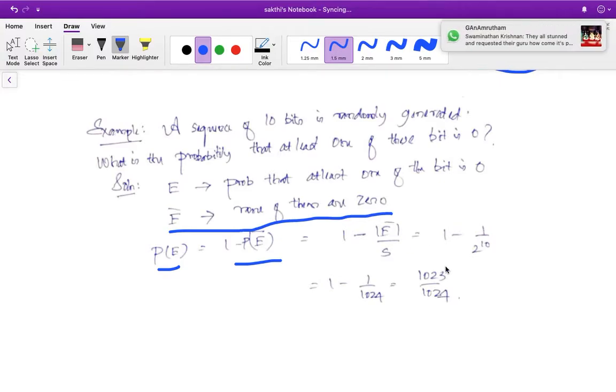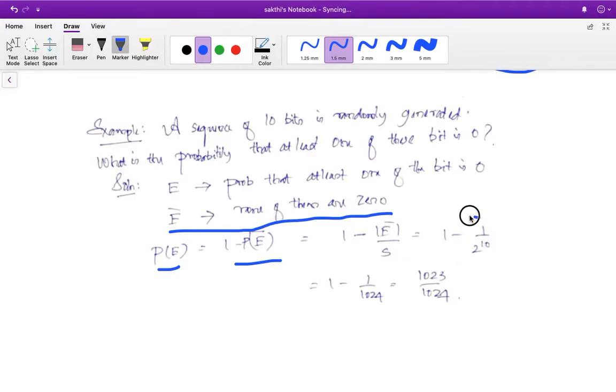So if I want a sequence which does not have any zeros, then you need to get 1, 1, 1, 1 like that 10 times, right? And what is the choice of getting 1 every time when you select 10 bits? So it will be 2 into 2 into 2, and so on, 10 times actually.